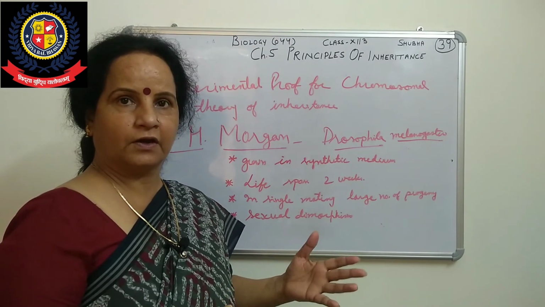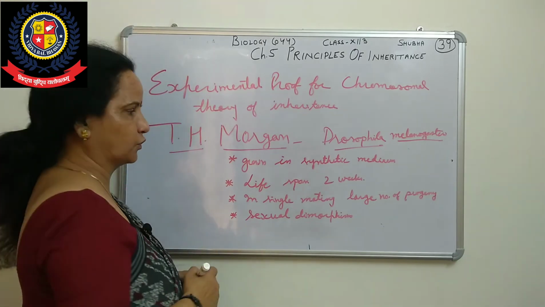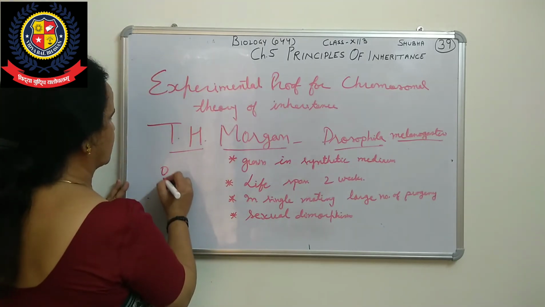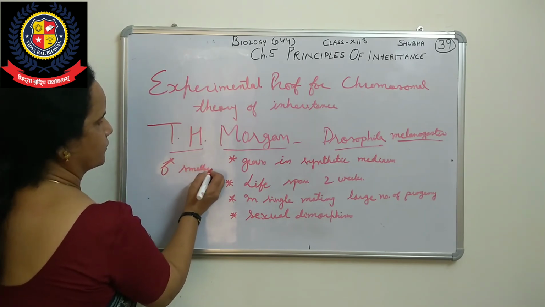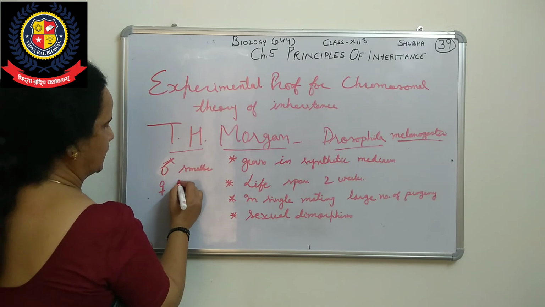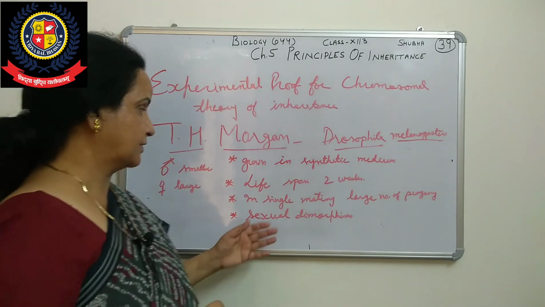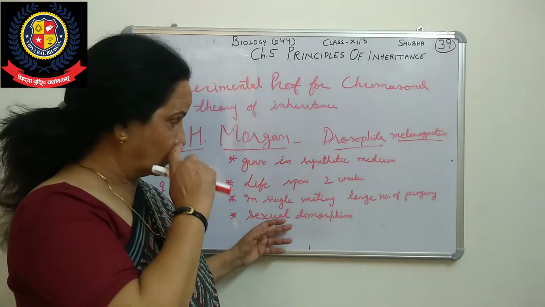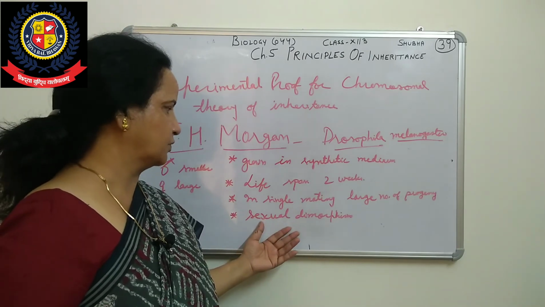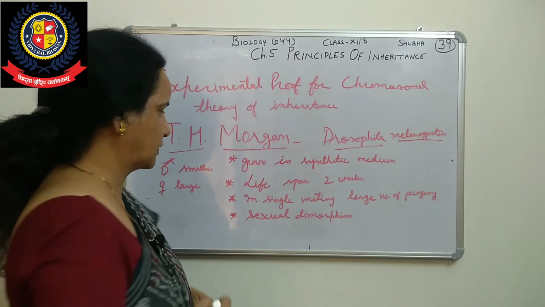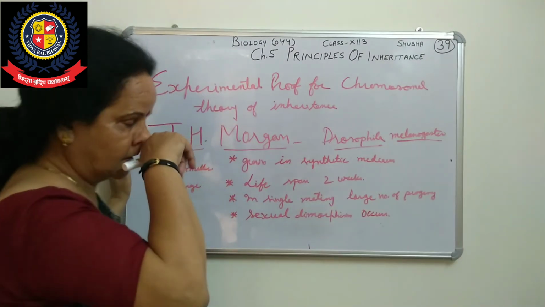The figure is also given in your book. Mainly the male Drosophila is smaller in size, and the female Drosophila is larger in size. The sexes are easily distinguishable, so we can say which one is male and which one is female. This term is called sexual dimorphism, which occurs in Drosophila.